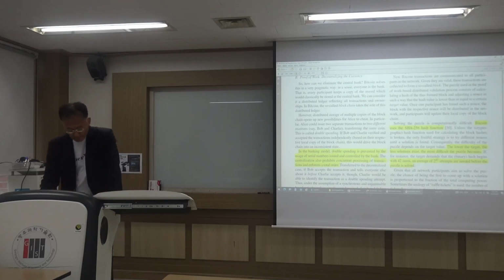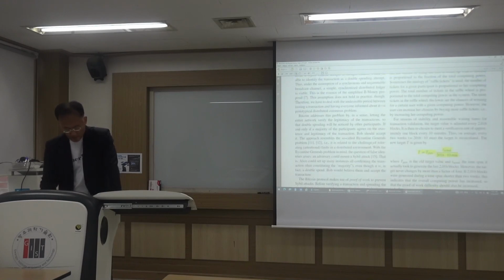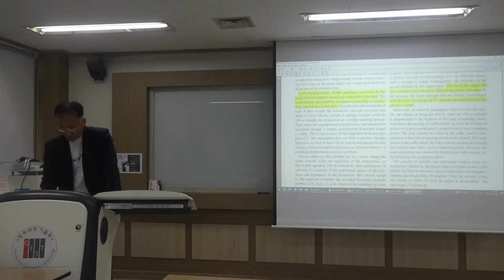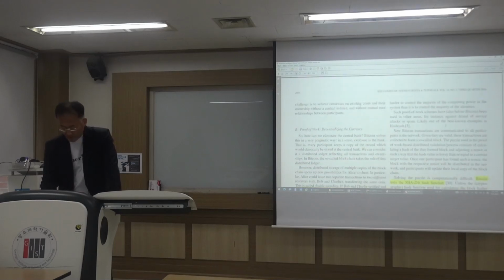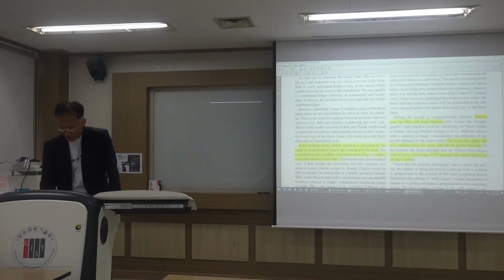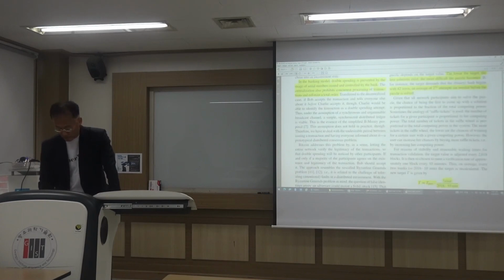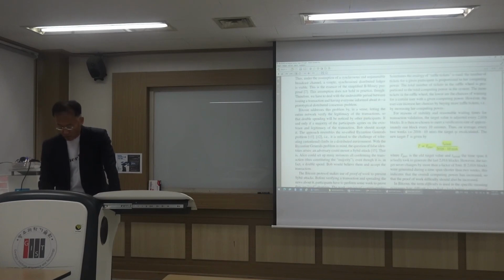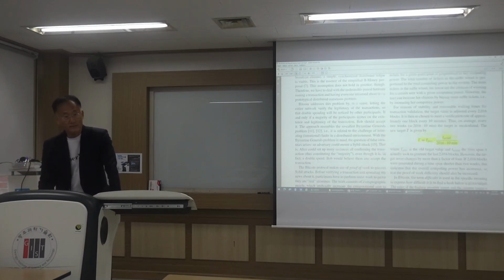And then it talks about how to prevent the double spending problem, and how to make use of the SHA-256 hash function in creating POW puzzles, right? And then how the difficulty is adjusted every 2016 blocks.